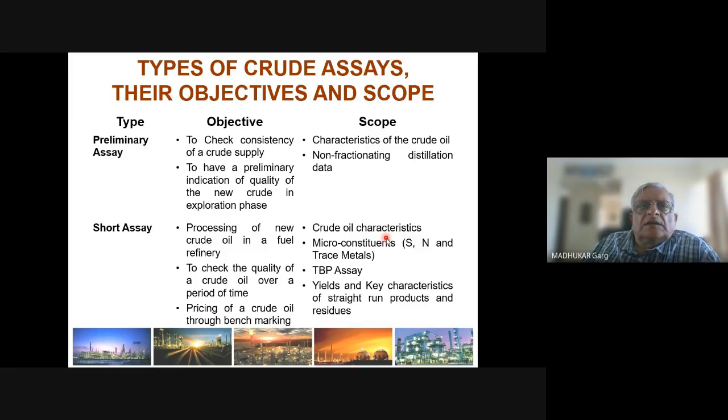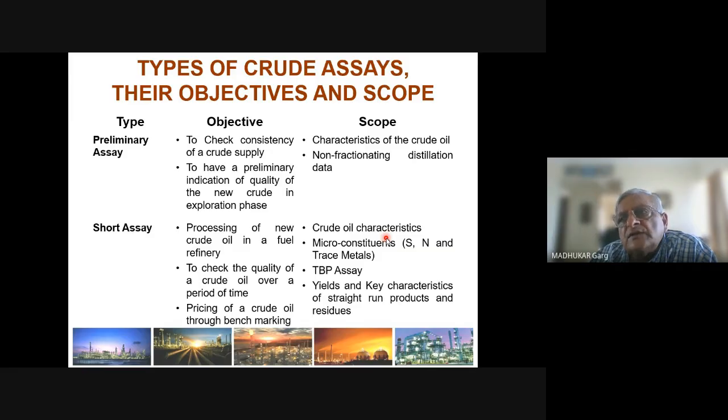Like at the Indian Institute of Petroleum, where I was earlier, we used to get a large amount of crude oils from all over the country for doing crude assays, and those crude assays get published. So one can go with that rather than running a crude assay on a new cargo.